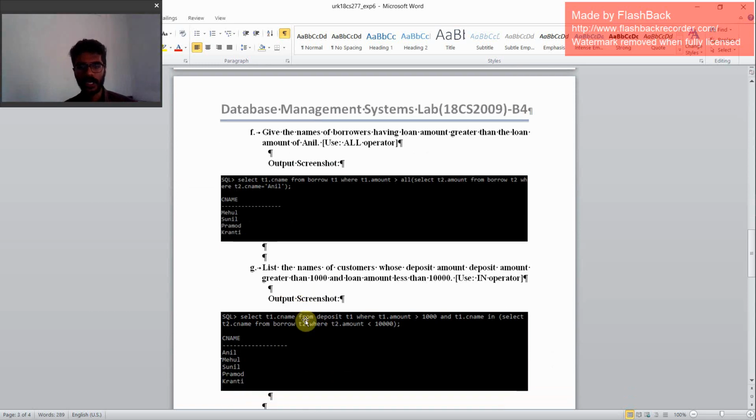Now let's go for the next question: list the names of customers whose deposit amount is greater than 1000 and loan amount less than 10,000.